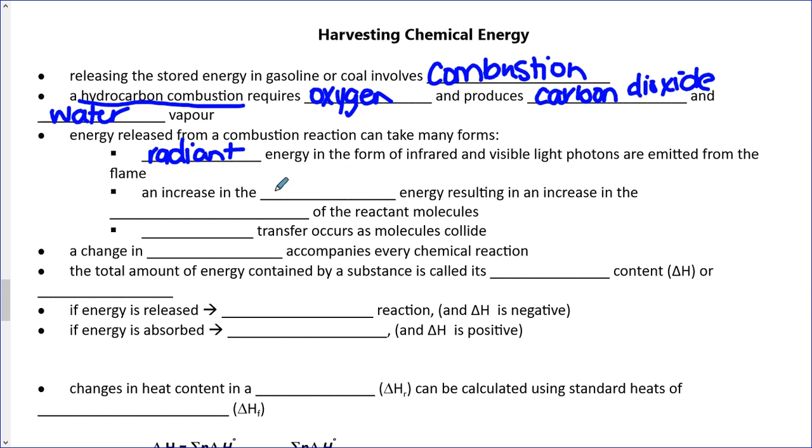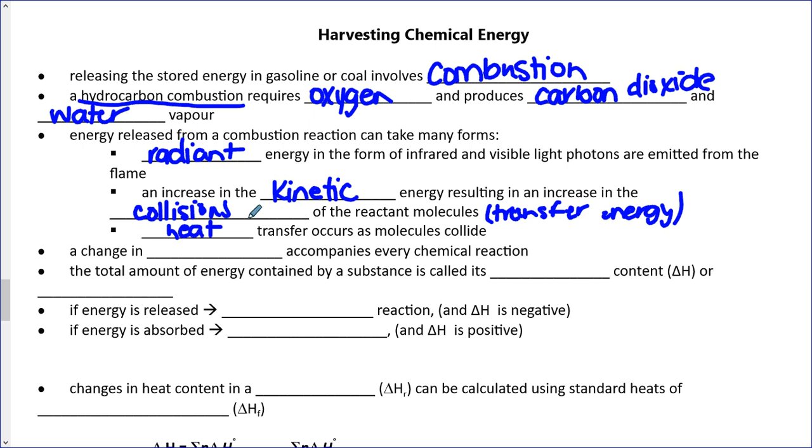An increase in the kinetic energy, so kinetic energy being the energy of motion, resulting in an increase in the collisions of the reactant molecules. And so again, that's the transfer of energy, or the ability to transfer energy. And so as those molecules collide, heat transfer occurs.